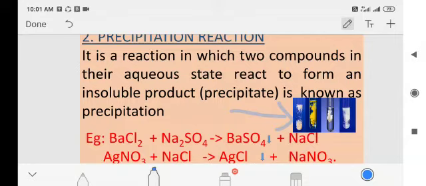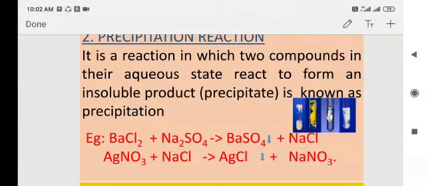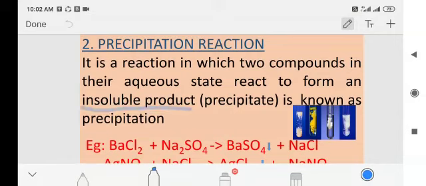After a reaction, if a product is visible in the test tube, that clearly shows that the product is insoluble. Here you will find a white insoluble product. Here you will find yellow. Again, in the last two cases, white insoluble product. An insoluble product is called a precipitate. In chemistry, we call an insoluble product a precipitate.